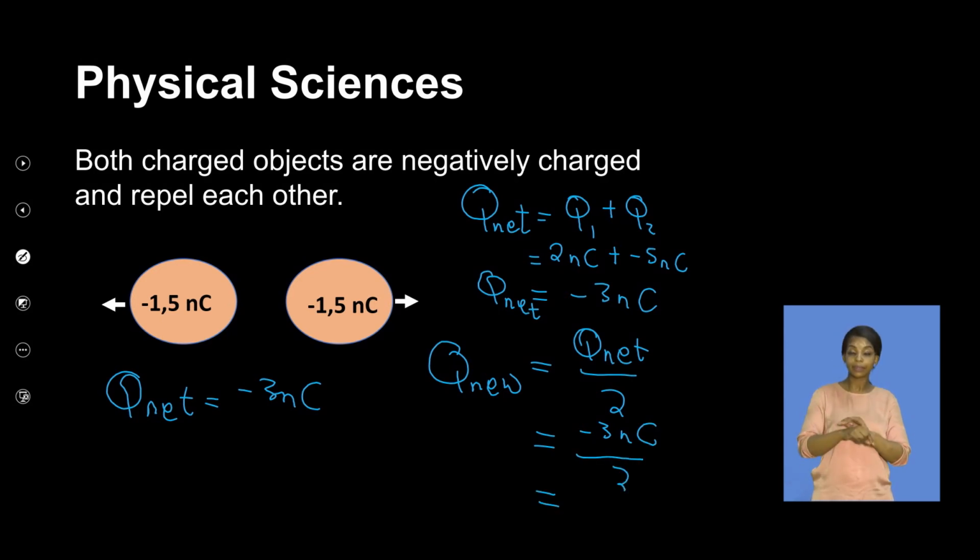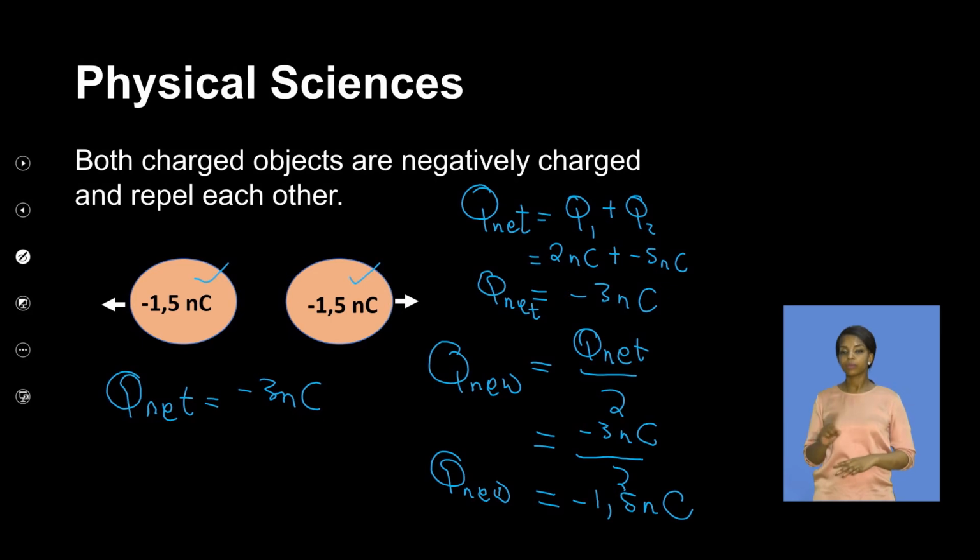The new charge in each one of them, the same for both, is negative 1.5 nanocoulombs. So when two materials are brought into contact, charge is equally distributed, but we must also note that the net charge before they were brought into contact is equal to the net charge after they were separated from each other.